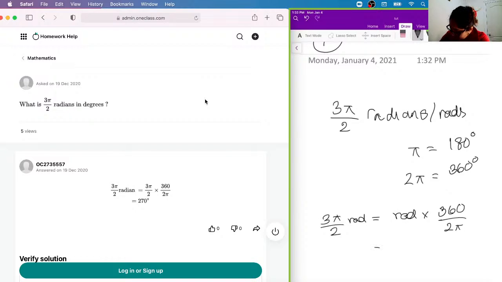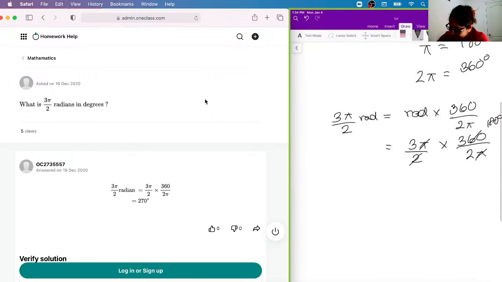And so in this case, we would have 3 pi over 2 radians times 360 over 2 pi. And so this gets canceled, and we have 180. And so you have 180 times 3, divided by 2, you get 270 degrees.